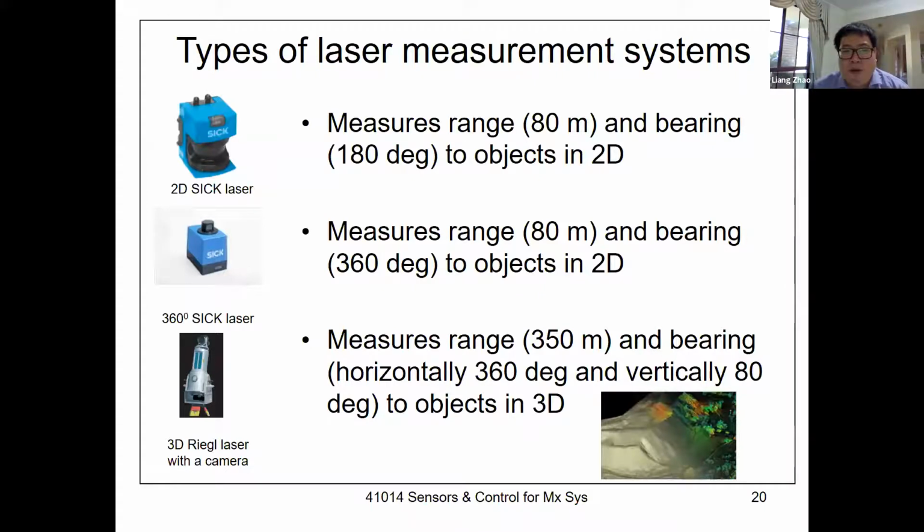And 3D LiDARs can provide longer range because they are more or less used outdoors, ranging from 120 to 350 meters. The bearing is always 360 degrees horizontally, and the vertical field of view is not that large.